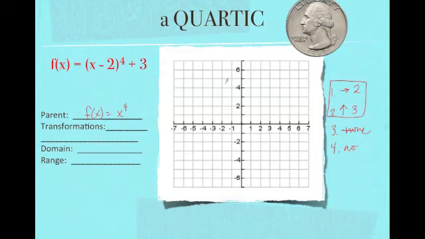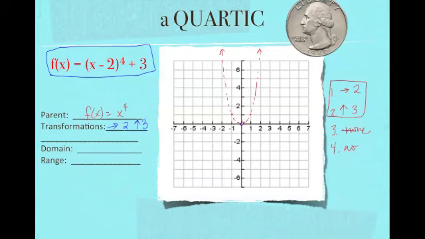So if I look at my parent function, it looks something like this. It goes through these points, but remember it's flatter than when we get down near the origin, so it kind of flattens out a little bit. It's flatter than the squared. So my transformations for the equation that I want to graph now is to the right 2 and up 3.